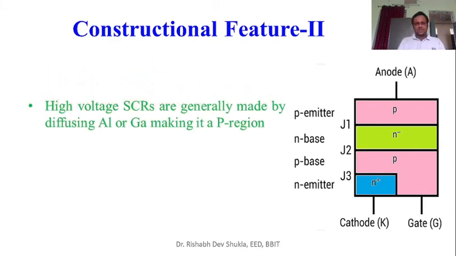For the high voltage rating, SCRs are generally made by the diffusing of aluminum and galvanium, making it a P region. Here P region, emitter P and base P, which is shown here in the pink color, it is diffused by the aluminum or galvanium.